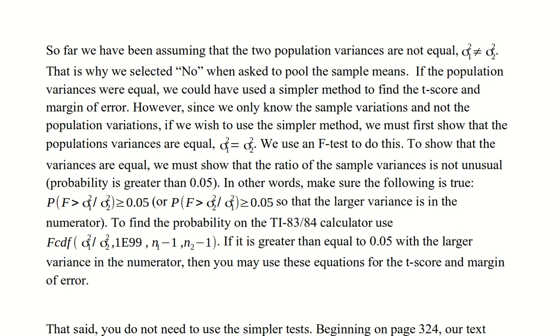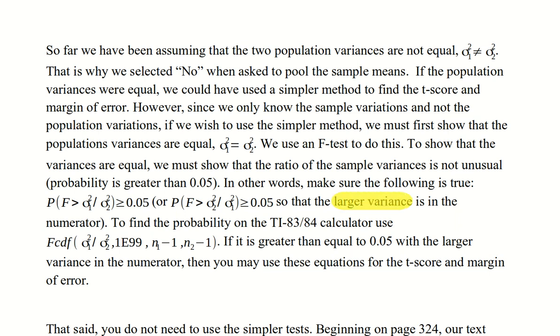So to do that, we have to ask this question, and that is if the probability that the F score is greater than the ratio of the variances, and if that probability is greater than or equal to 5%. I've stated this two different ways because the larger of the two variances has to be in the numerator.